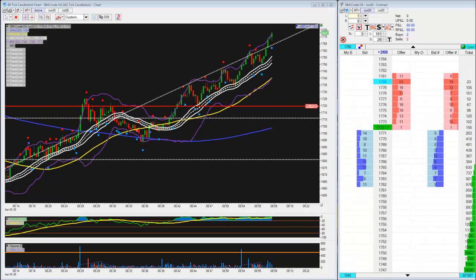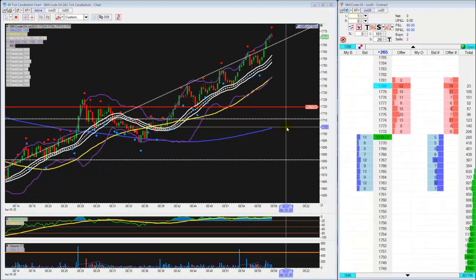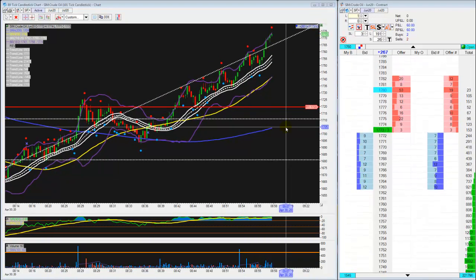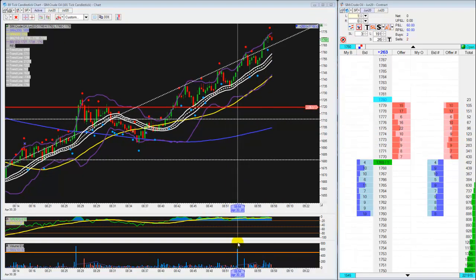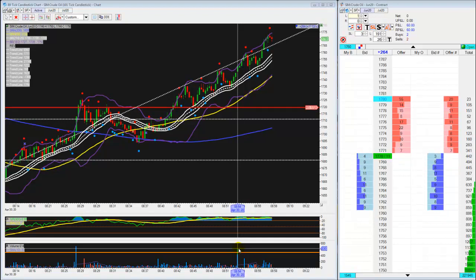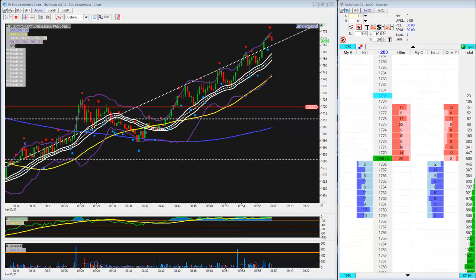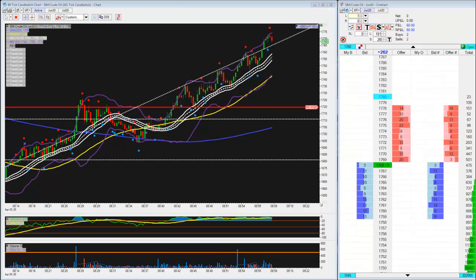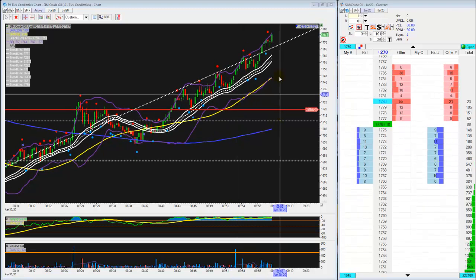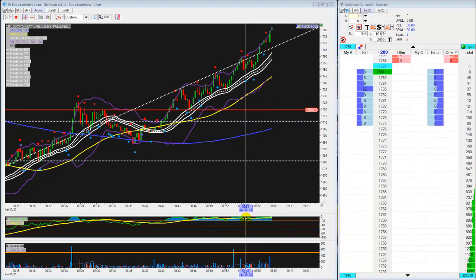And here we are, third time up here. Let's record that bar at 614. I see a higher bar once we break through 1780. There'll be people that'll have stops up here.